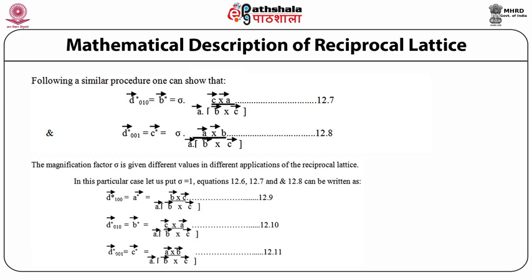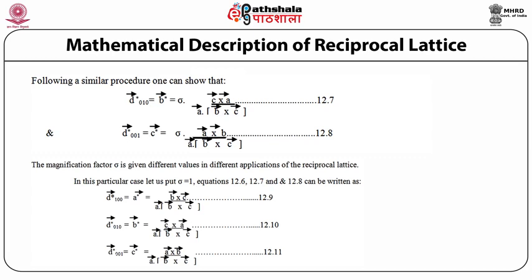Similarly, D star 010 vector is equal to B star vector is equal to C vector cross A vector upon A vector into B cross C, which is given as equation 12.10.